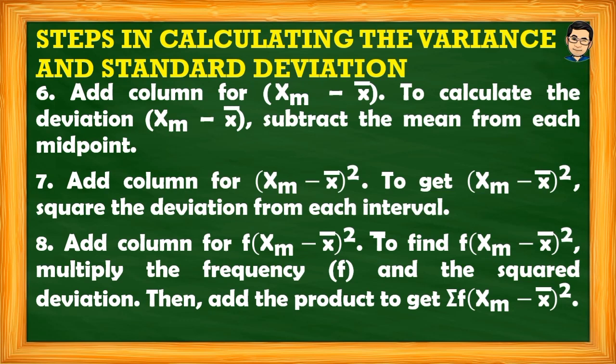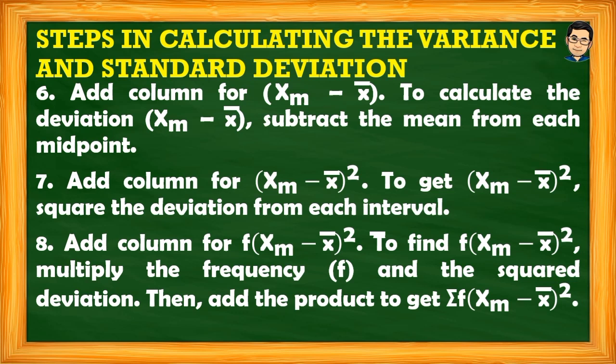Next, number 7. So, once na nakuha na natin yung difference ng mean tsaka yung midpoint, yung deviation, para makuha nating square deviation, square natin yon. Halimbawa, yung nakuha nating difference is 4.5, o kaya negative 4.5. In-square natin yon, magiging positive lagi yon.